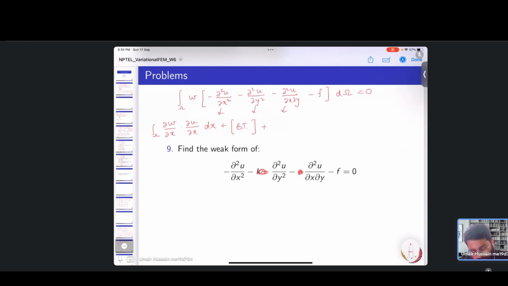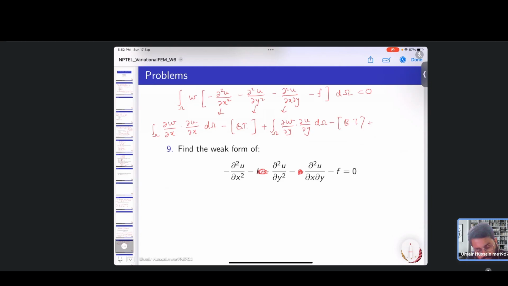Then for the second term, we have again the same integral, dou w by dou y, dou u by dou y. We should keep the integral limits general. Actually it's a minus sign, minus the boundary terms.